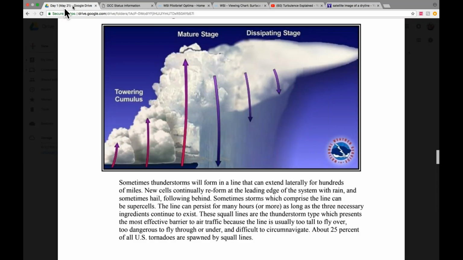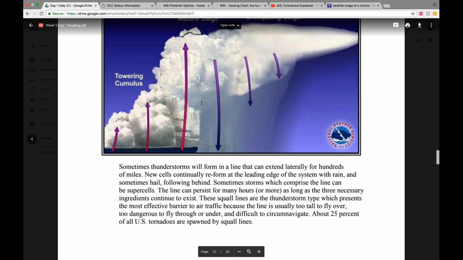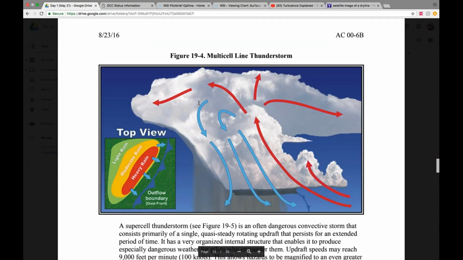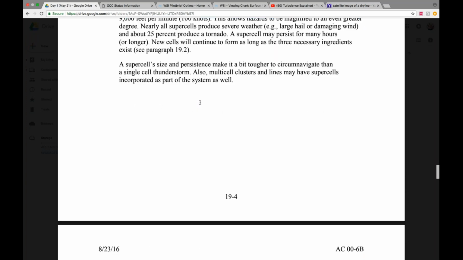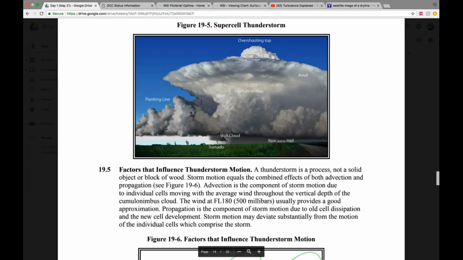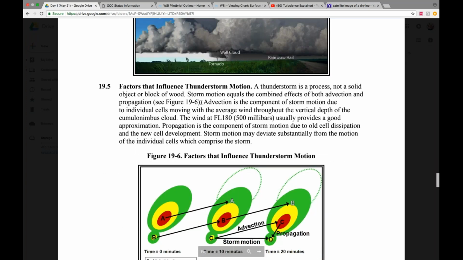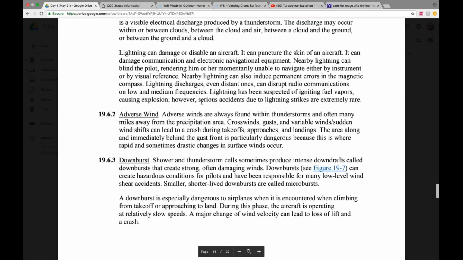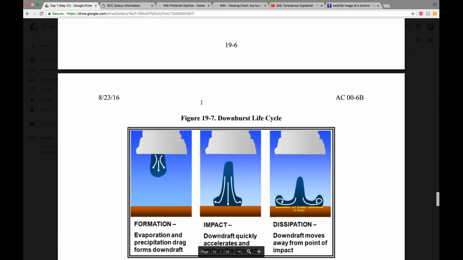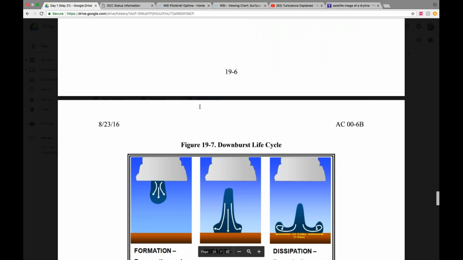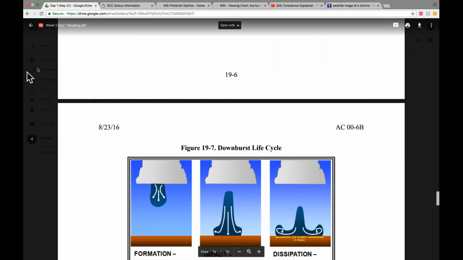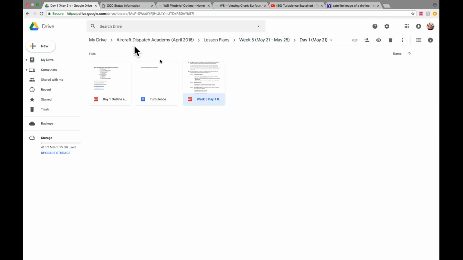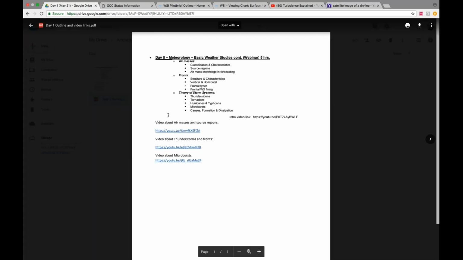Let's see here. Just trying to think of, okay, microbursts. So we've got another video on microbursts in our outline here.